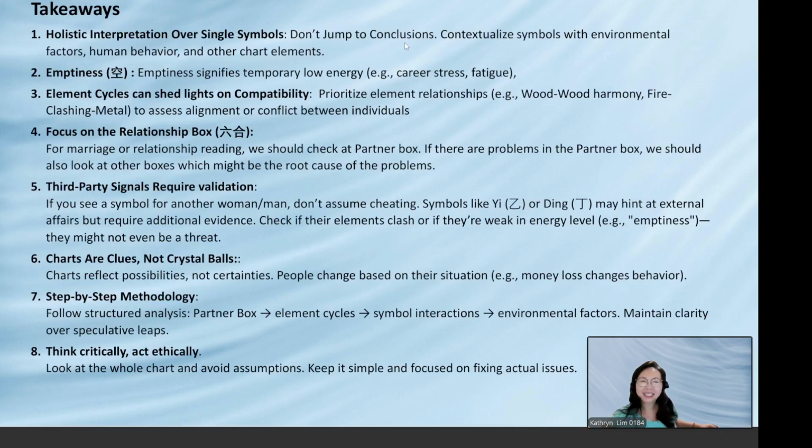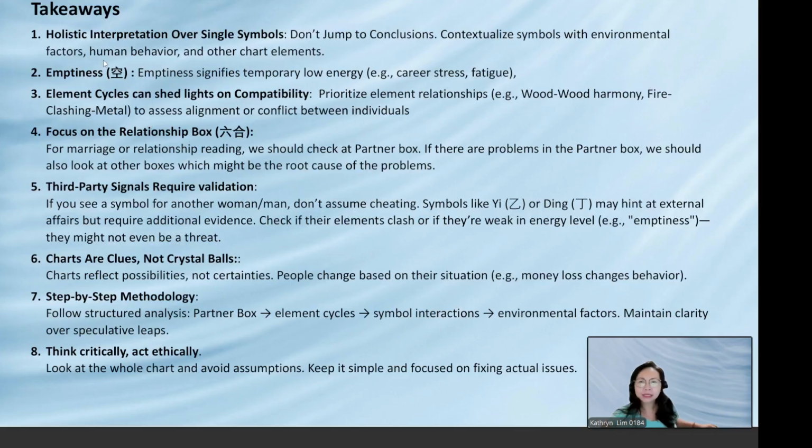We have to contextualize the symbol with environmental factors, human behavior and other chart elements. Not just look at one symbol or a combination of two or three symbols and then make a conclusion from there. That's not the case.